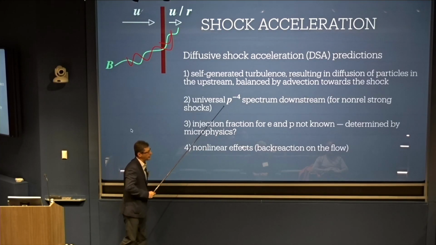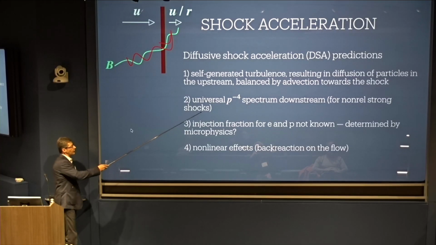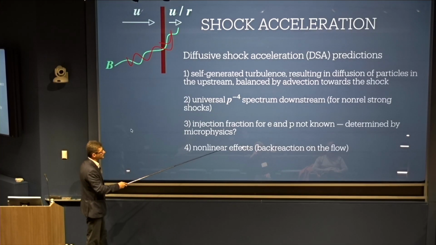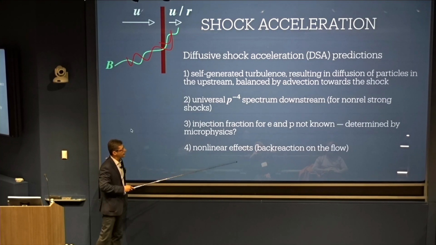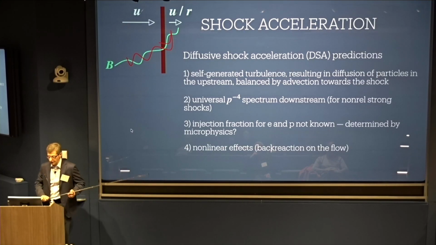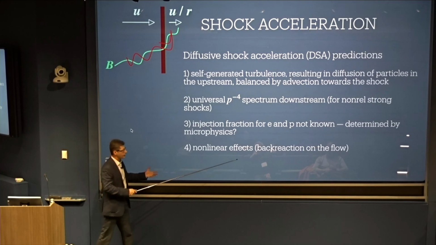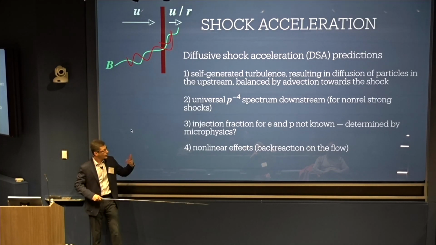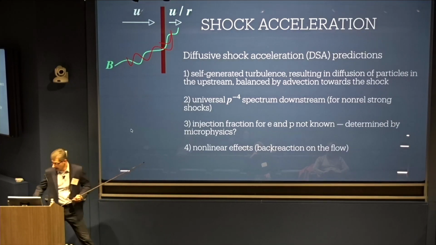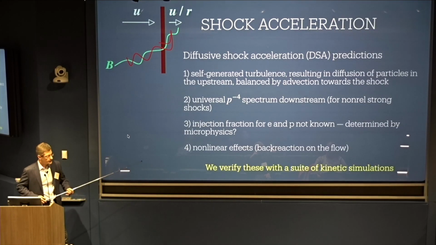It results in effective diffusion of particles, and that predicts this universal p to the minus 4 spectrum. It does not predict an injection fraction. And it also predicts the existence of nonlinearity. So if the energy in the cosmic rays is large enough, it will back react onto the flow and will affect the shock structure.